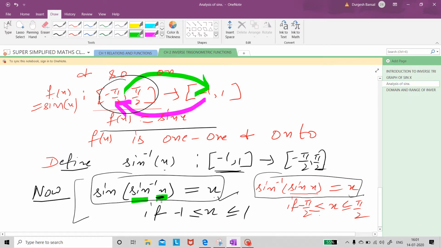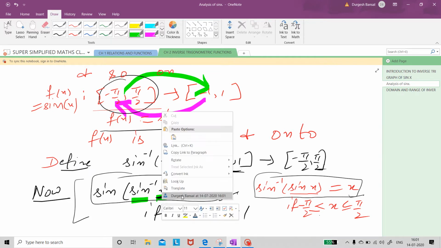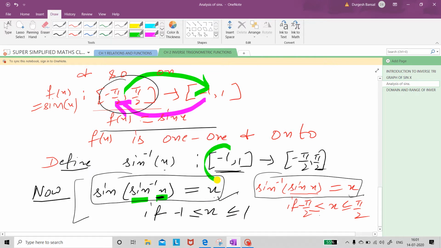So that means x should be in the domain of the sine inverse function. Now what is the domain of the sine inverse function? As you can see, the domain of the sine inverse function is this. That is why we are saying x should be between minus 1 to 1 if it has to satisfy this equality.